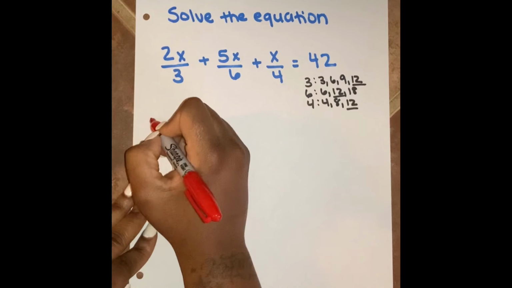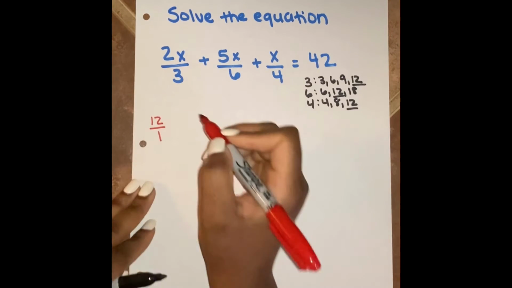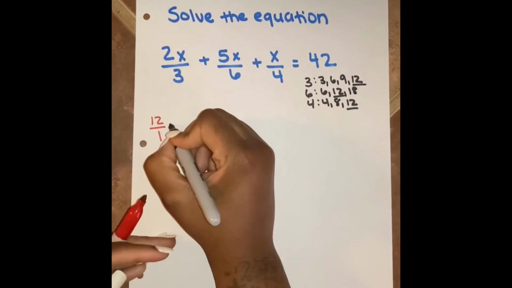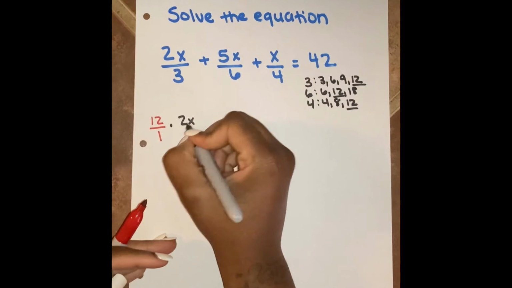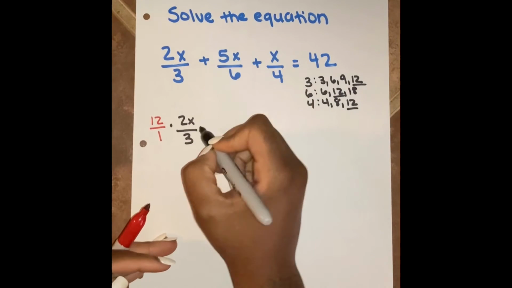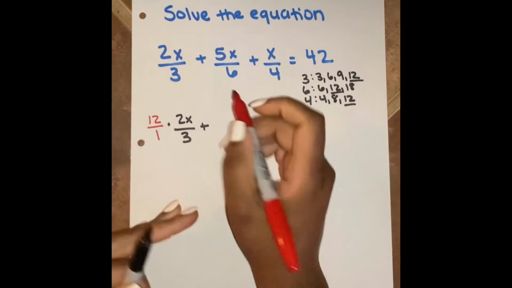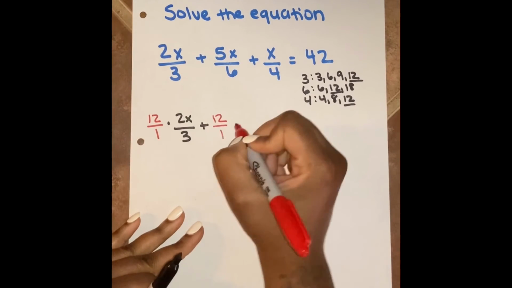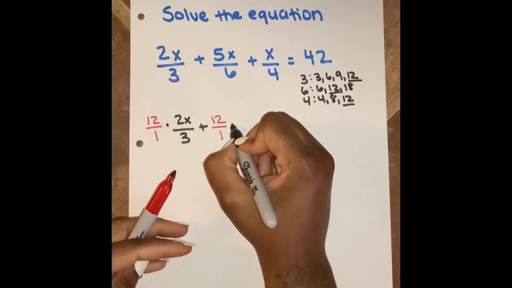So we have 12 over 1 multiplied by 2x divided by 3. Bring down our addition sign. Multiplied by the LCD. Okay.